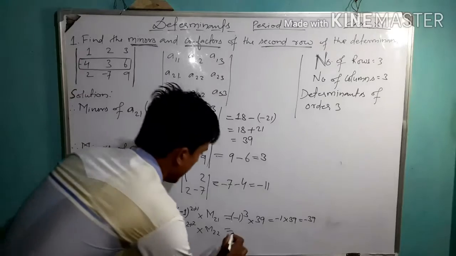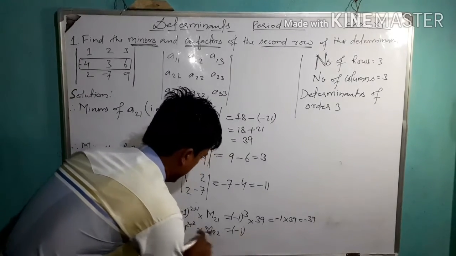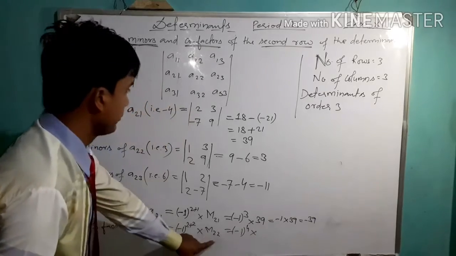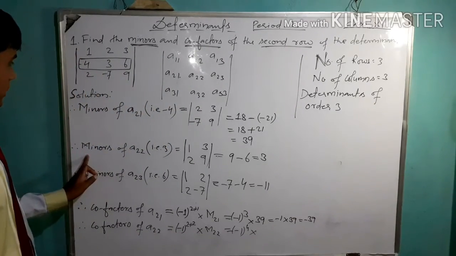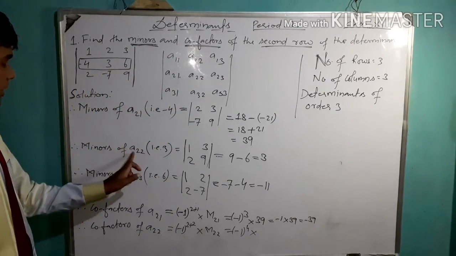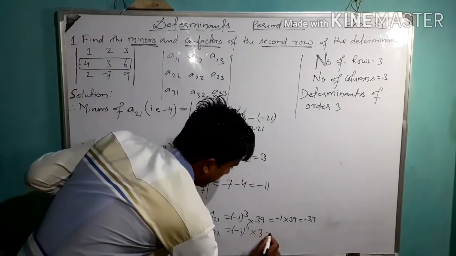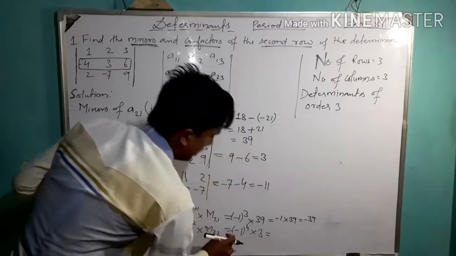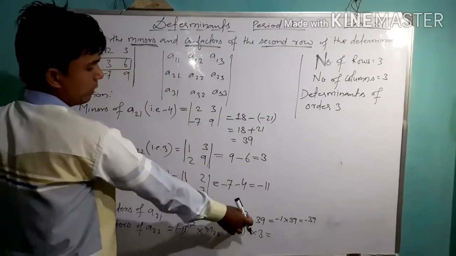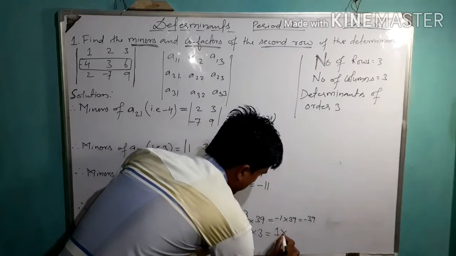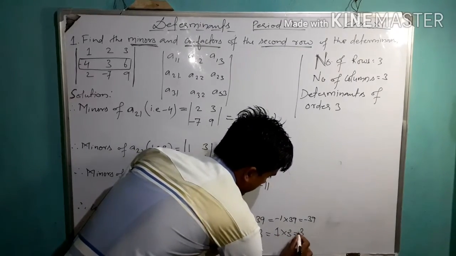So it will be minus 1 to the power 4 into M22, the minor of the 22 element. How much have we got here? 3. So M22 equals 3. Minus 1 to the power 4 becomes positive 1, into 3, so it will be 3.